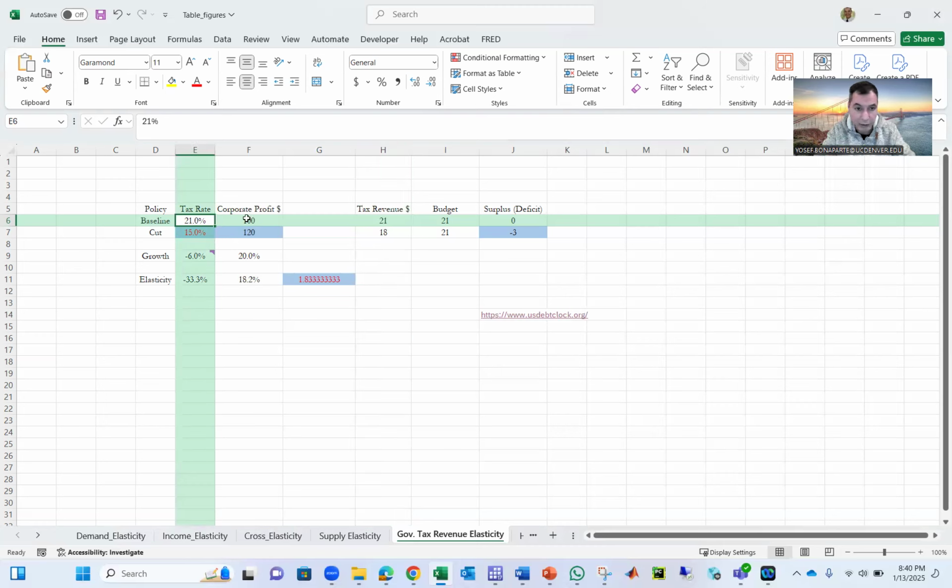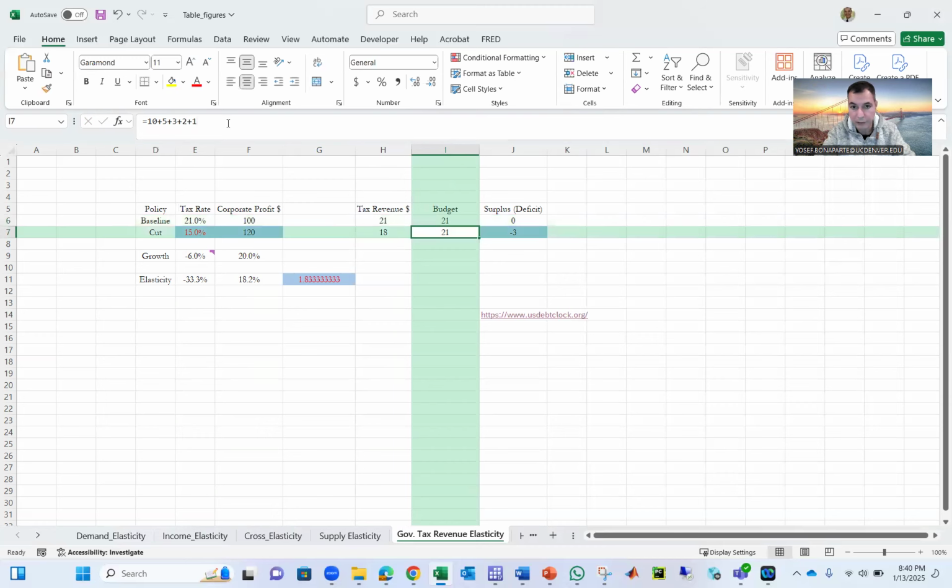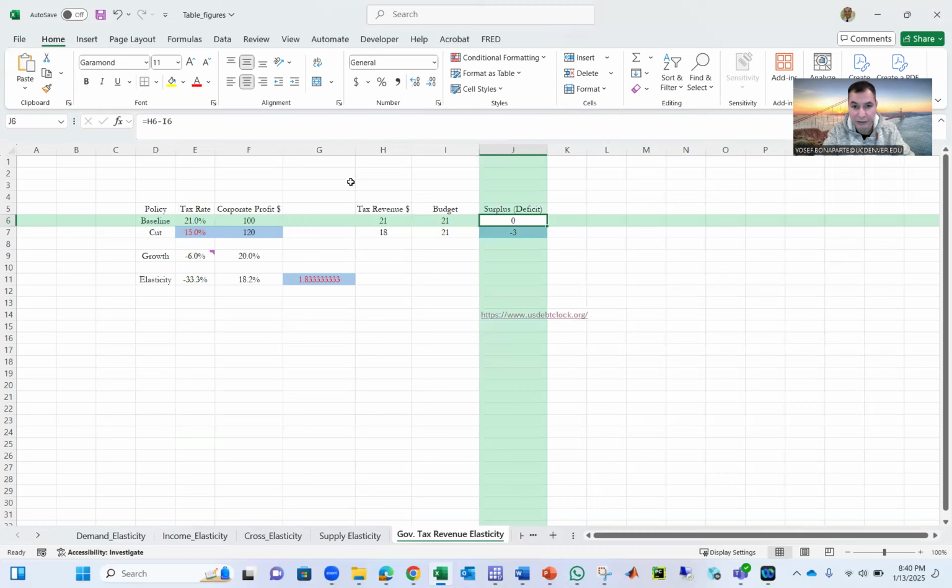So yeah, the 21 corporate profit 100 will be revenue 121. So the government say, okay, I'm going to give the army 10 billion or 10 trillion, maybe 5 for healthcare, 3 for education, 2 for social security, and 1 to help other countries. So that's 21. Your surplus deficit is 0 because your revenue from corporate tax budget 21, this minus this, 0.